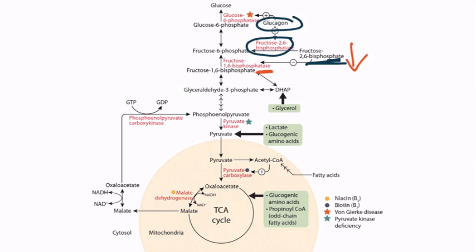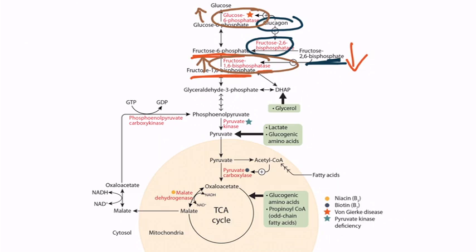This results in an increased conversion of fructose 1,6-bisphosphate to fructose 6-phosphate. So the activity of fructose 1,6-bisphosphatase will be increased, and you can also see that glucagon increases the activity of glucose 6-phosphatase, so increased glucose 6-phosphatase activity.